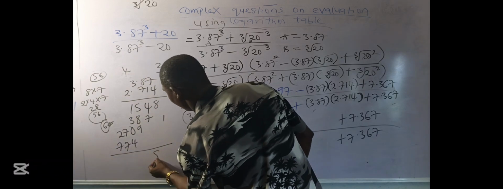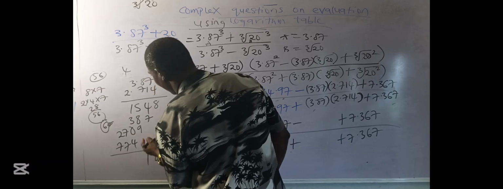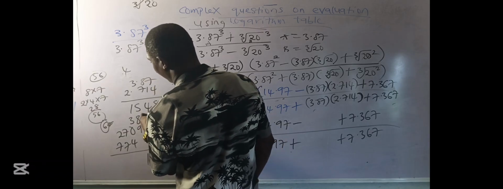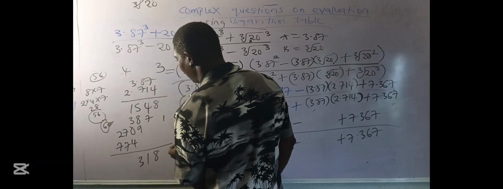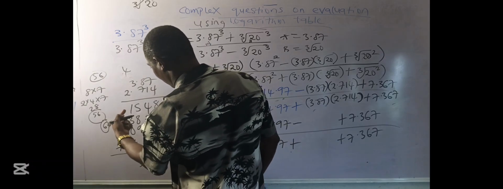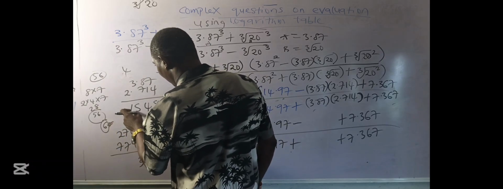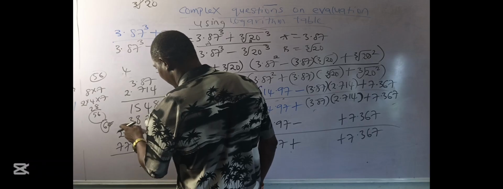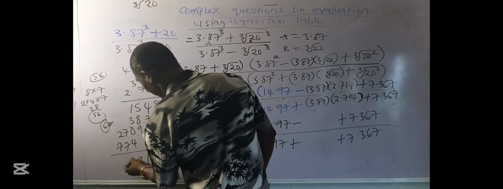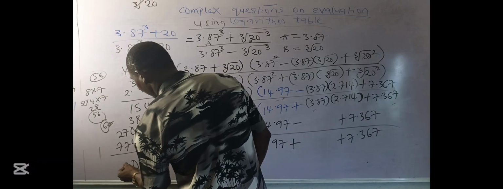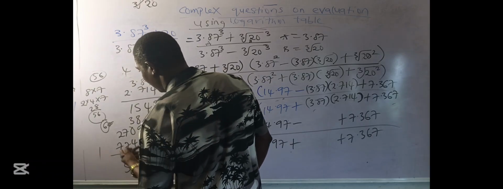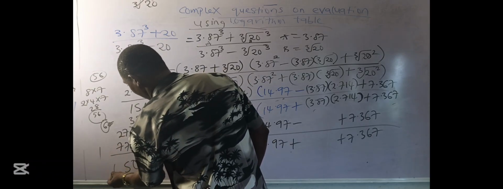So adding up, I have 8, 10, 11, 1 carry 1, 10, 15. 15 plus 8, 23. 3 carry 2. This will give me 3, 6, 10, 0, carry 1. 7 plus 7, 14, plus 1, 15, 5, carry 1. This is 9 plus 1, 10.